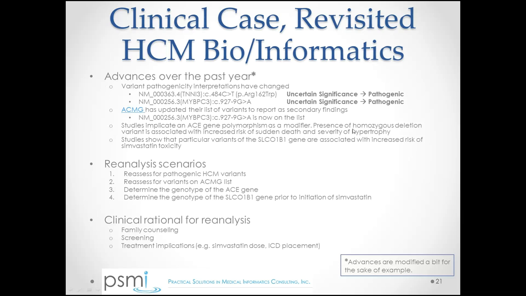If you're homozygous for the deletion variant and you have hypertrophic cardiomyopathy, that can greatly increase your risk of sudden death, and it will also increase the severity of hypertrophy. It's controversial, but some believe that in the presence of hypertrophic cardiomyopathy and this polymorphism, that tips the scale towards implantation of an ICD, an implantable cardiodefibrillator.